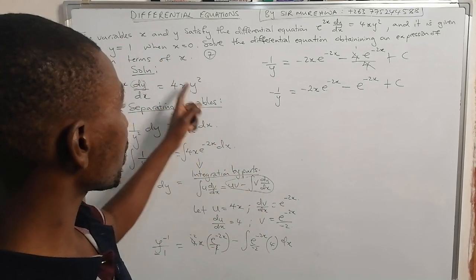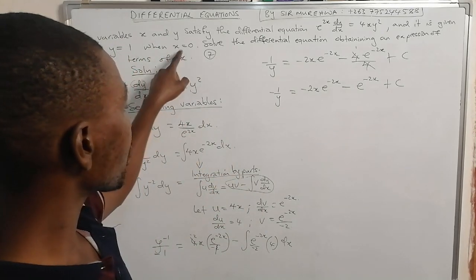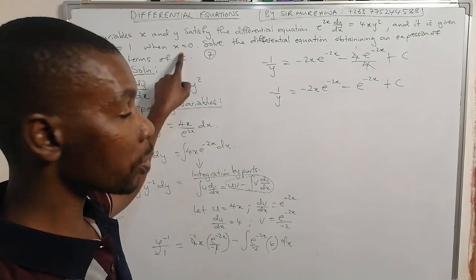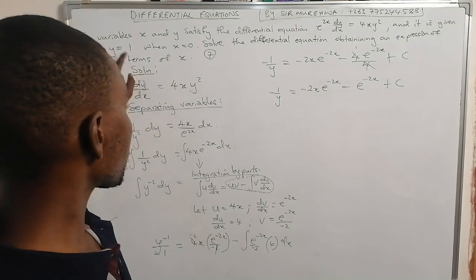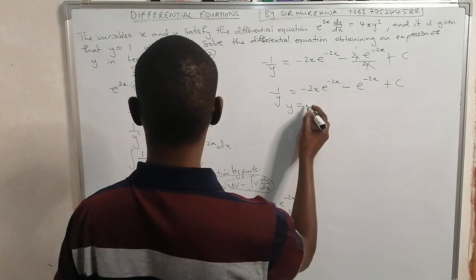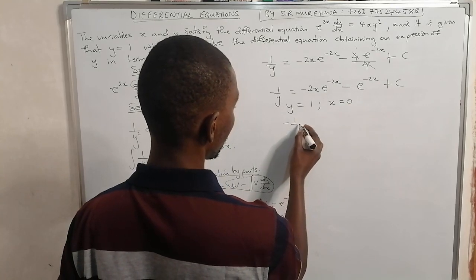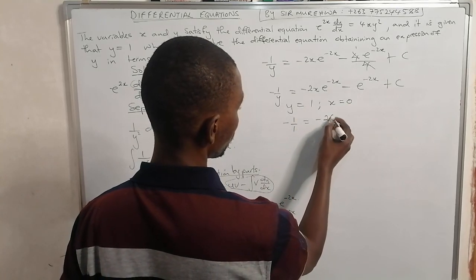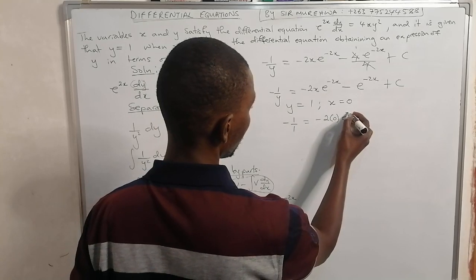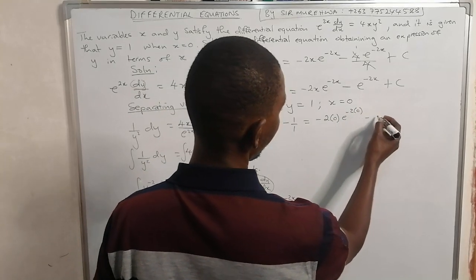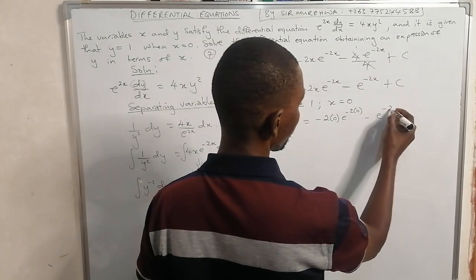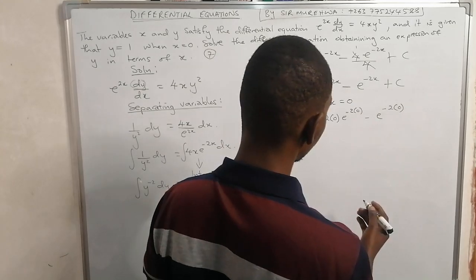Remember, we are given the condition y is 1 when x is 0. We are going to find our constant of integration using this. When y equals 1, x equals 0. Therefore, negative 1 over 1 is equal to negative 2 times 0 times e to the power negative 2 times 0, minus e to the power negative 2 times 0.